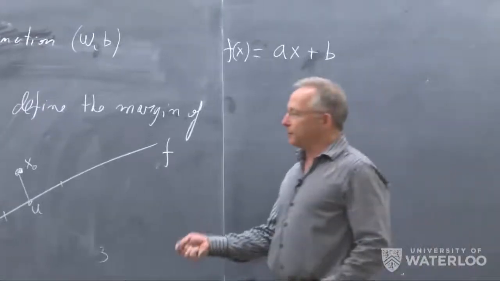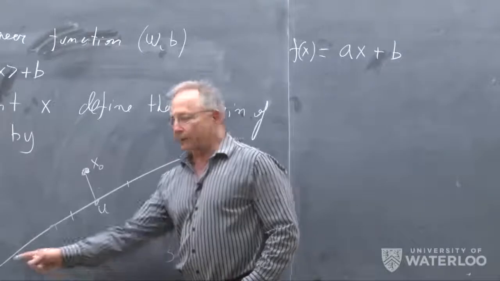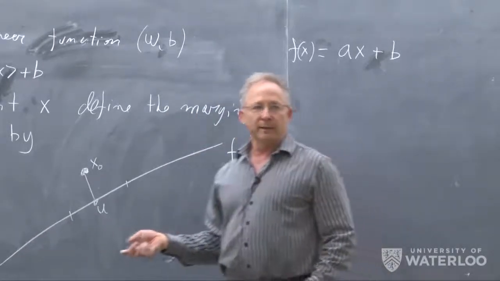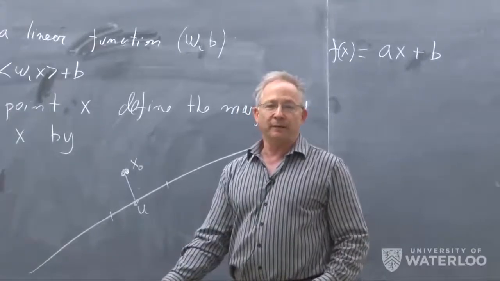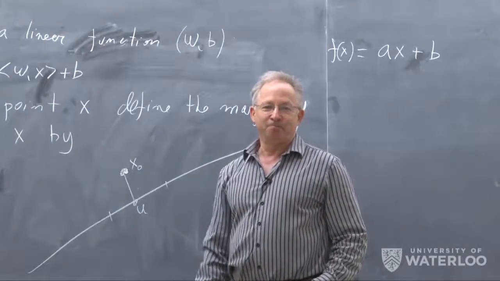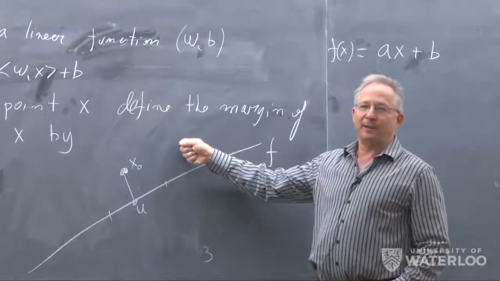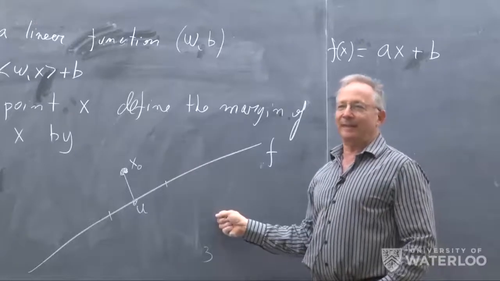So I'm saying the distance to the line is the minimum distance among all the distances to points on the line. How do I say that u is on the line? U is on the line if when I substitute it in the equation of the line, what do I get? If a point is above the line and I substitute it, I get a positive number. If it's below the line, I get a negative number.